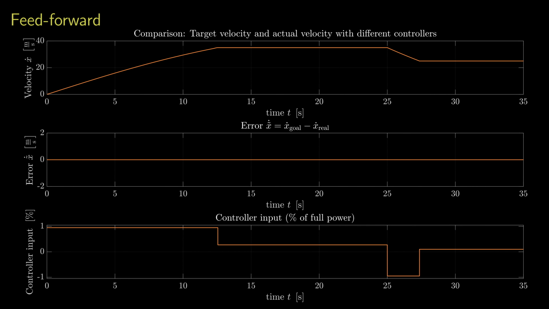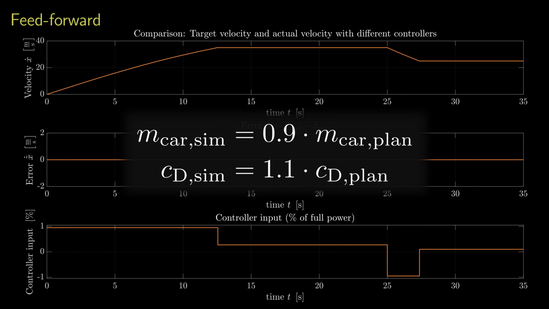However, this is only the case if we know everything in our system with 100% accuracy. We now use the input trajectory we planned from our initial parameter set, adjust the mass and air resistance coefficient of our vehicle in simulation to be slightly different and simulate again.